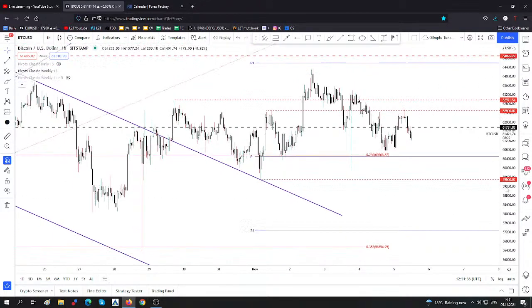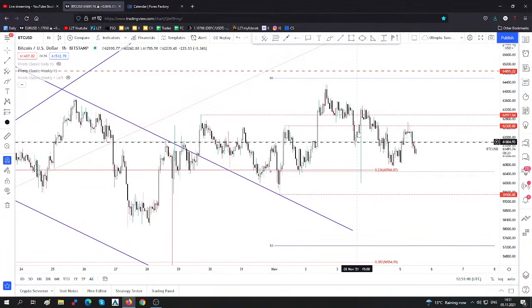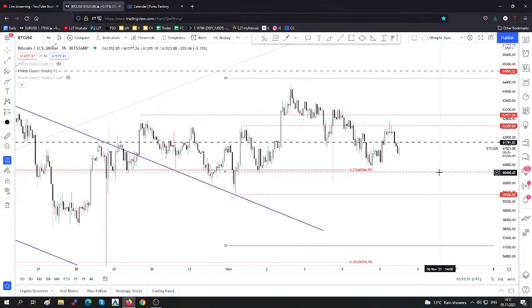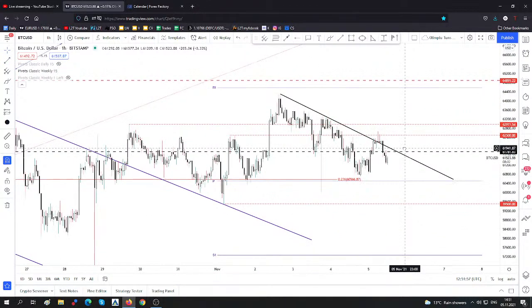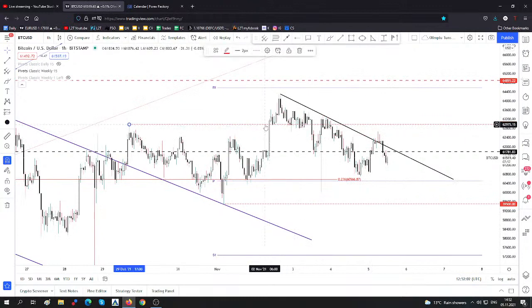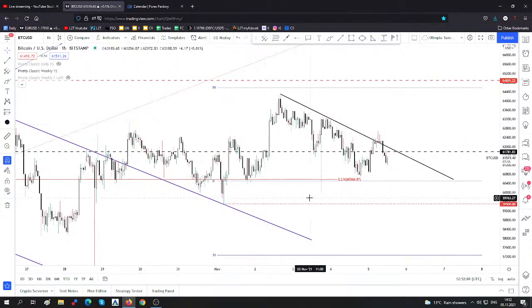So personally, I believe that the upside pressure is still high after making this false breakdown with great separation below the weekly pivot point, below the 23.6, below 60,566.87. But here, unfortunately, it has printed only a false breakout above the immediate downtrend line, and I will have to wait for something here.